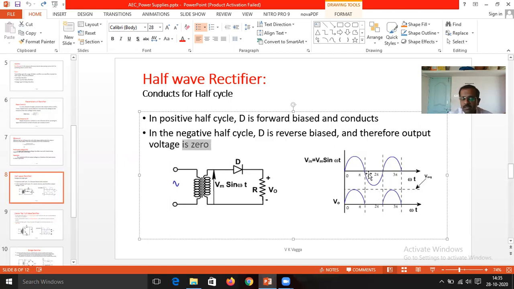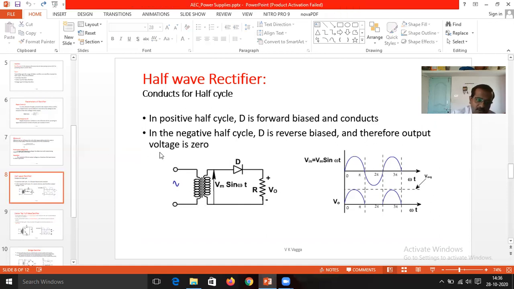In this way, it conducts only for the positive half cycles, and under all the negative half cycles the output is zero. It is called a half wave rectifier circuit here.